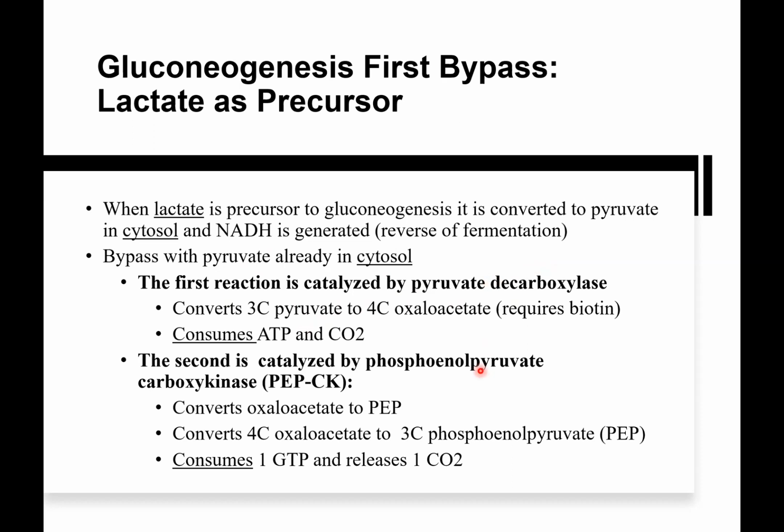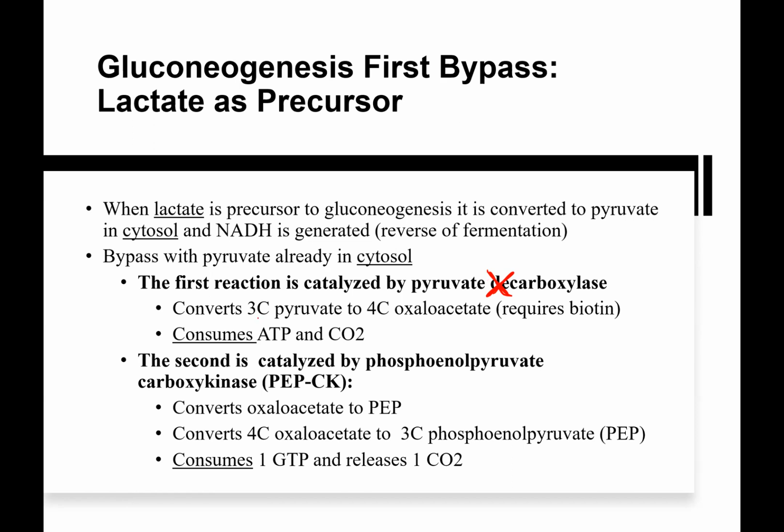This should say pyruvate, because if it really were decarboxylase, it wouldn't be describing what was going on. It should be saying pyruvate carboxylase, because that's what's happening, okay? This is the correct name of the enzyme. Pyruvate decarboxylase does exist, by the way.